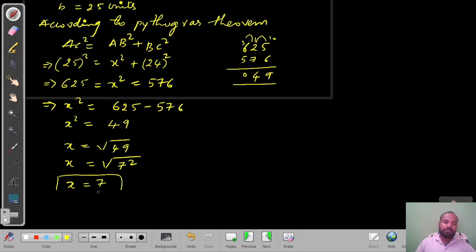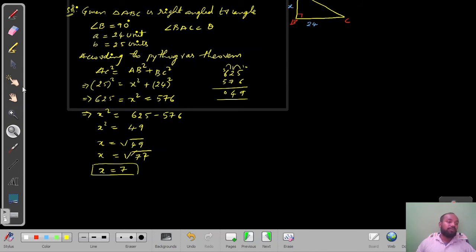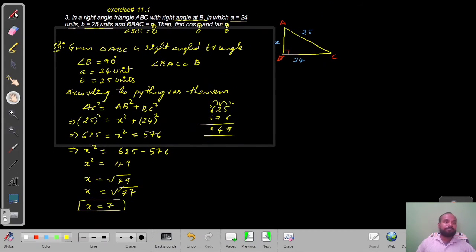How am I getting x equal to 7? Because I am cancelling the square and the root. Right. Now we got the value, so here I am writing x equal to 7. This is the x value, which is 7.